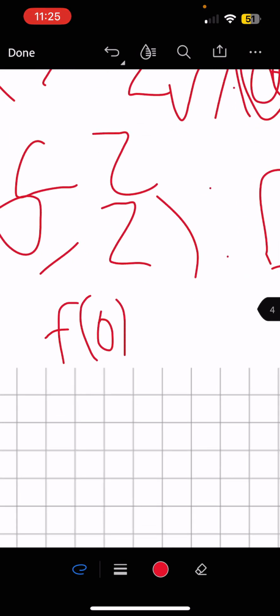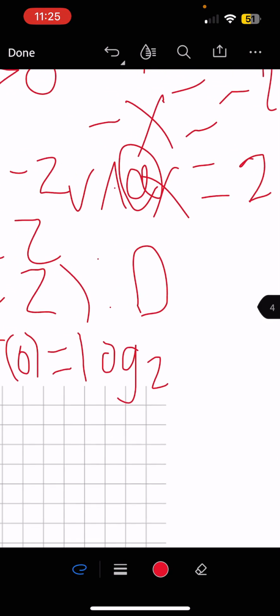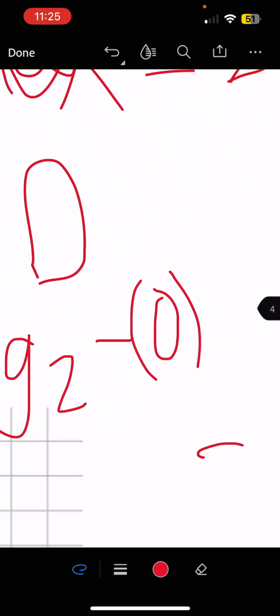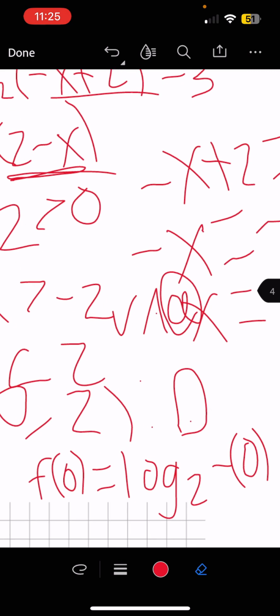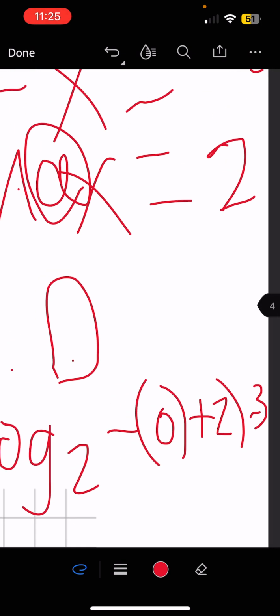F of 0 is equal to negative log base 2 of negative 0, technically, but that's not going to do anything, plus 2, minus 3.